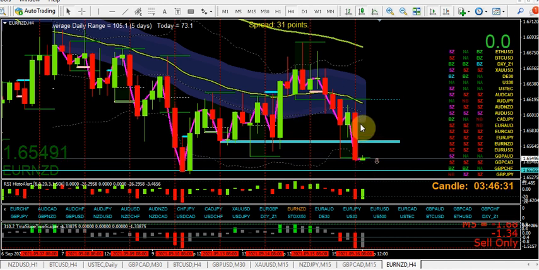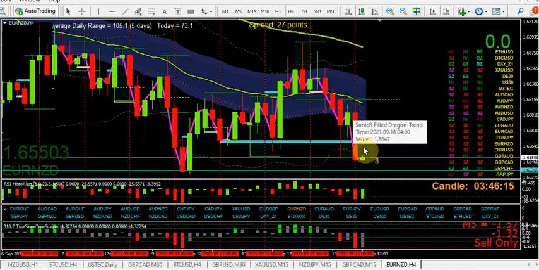Other things to mention about the 10 o'clock midday bar is that it is traditionally the period that we get sideways motion after the big Frankfurt and London moves have happened.